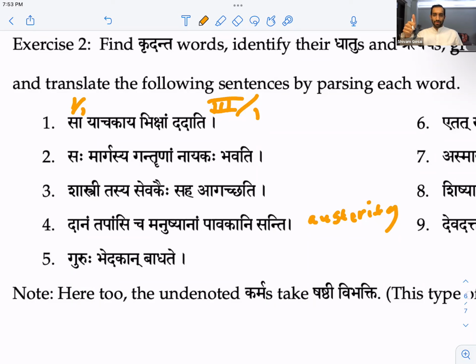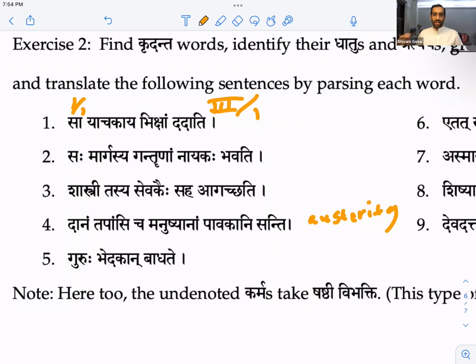Right? She gives. So far, are we okay? Thumbs up? Let me know if there's a side or down, and then you can tell me. She gives what? She gives bhiksham. So this is bhiksha shabda, akaranta, strilinga. Bhiksha means alms, what you're giving. 2-1.